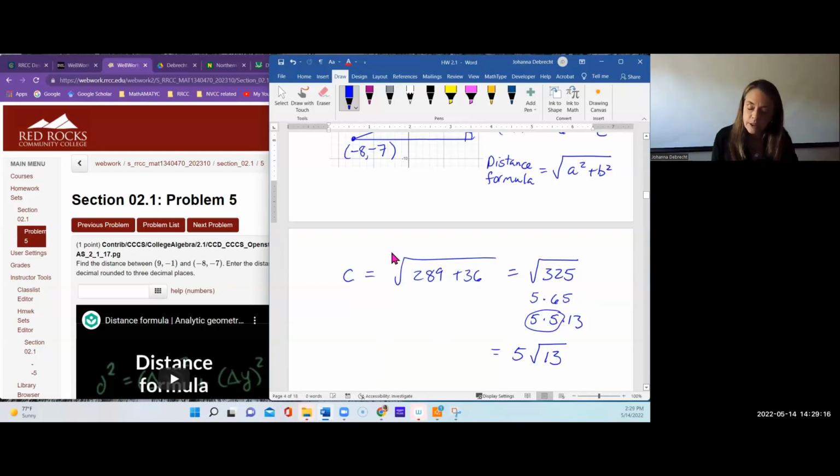For each pair that's under a square root, one factor comes out. There was only one 13, which is not a pair, so nothing comes out. This should be review from your previous intermediate algebra course or from high school algebra. This gives me 5 square roots of 13.